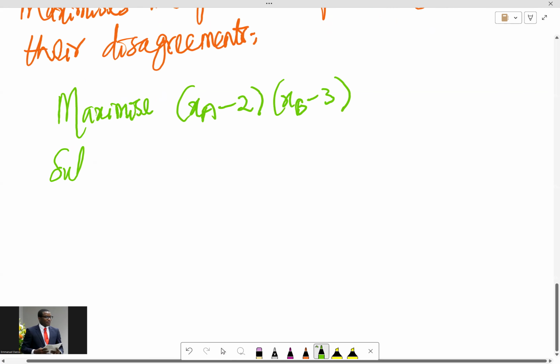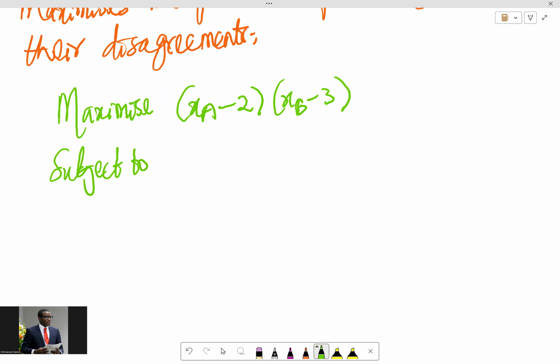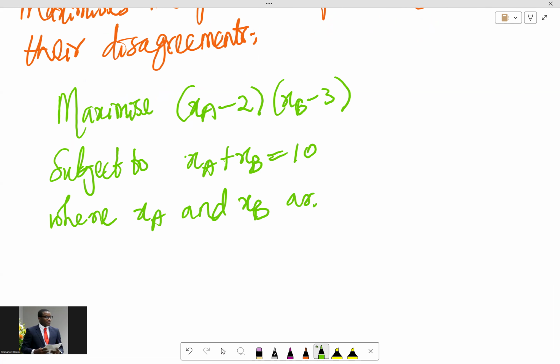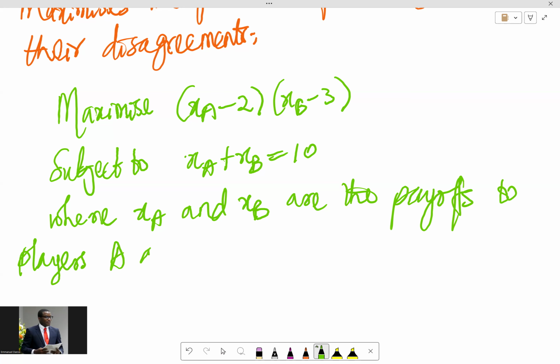It's not linear programming now, it's basically an optimization problem, subject to the fact that XA plus XB is equal to 10, where XA and XB are the payoffs to players A and B, respectively.